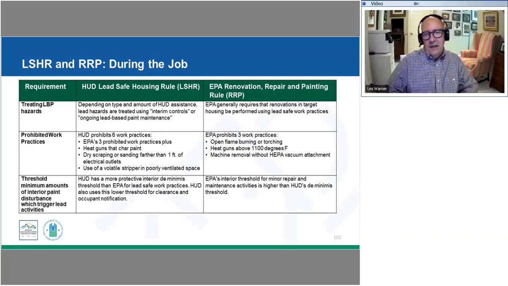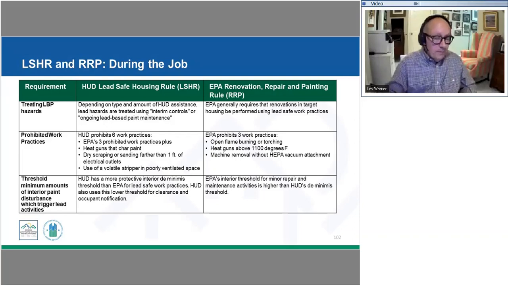So again, if we've got a contractor that's only worked under EPA rules, they may only be familiar with the RRP requirements. We may want to call out these requirements within contracts and work specifications, and go over them in a pre-construction meeting so that everybody's clear.